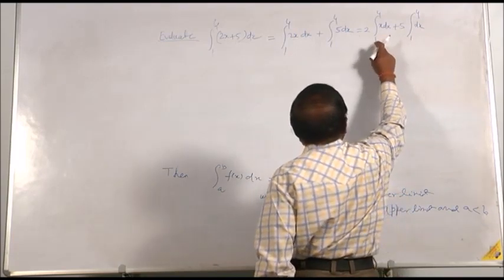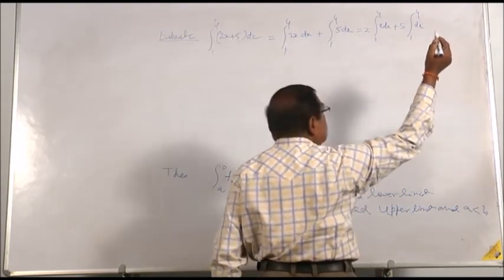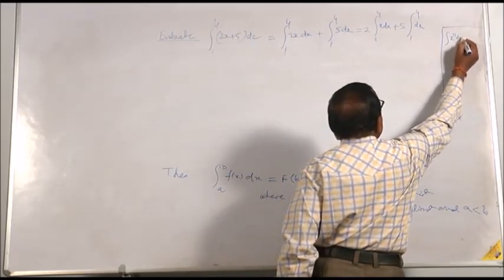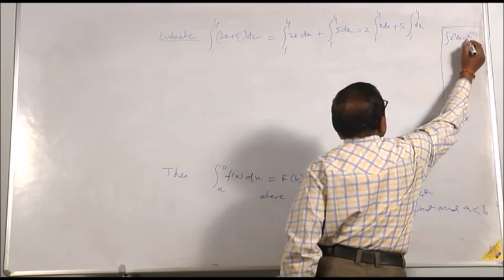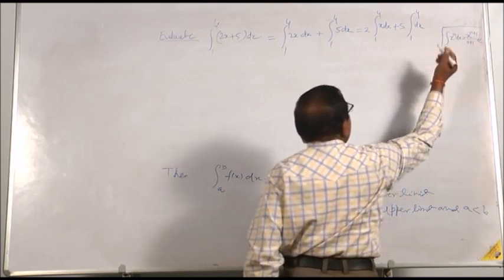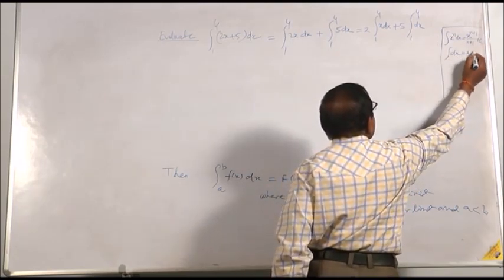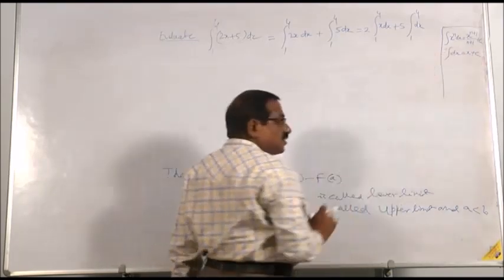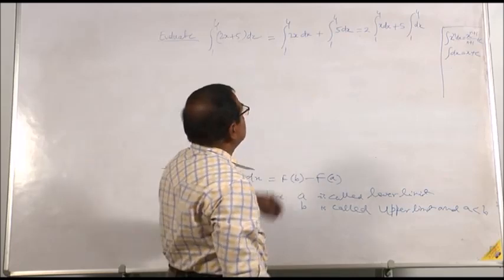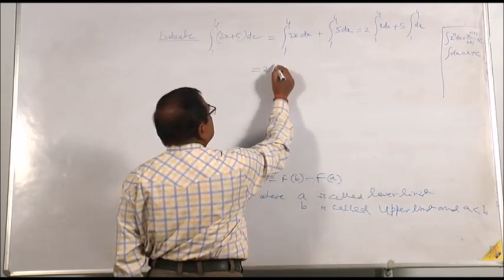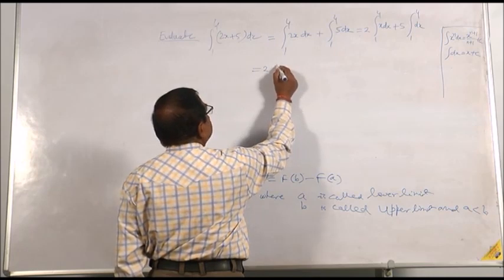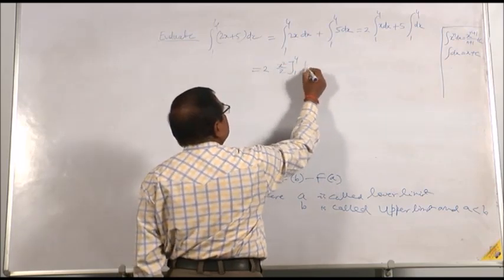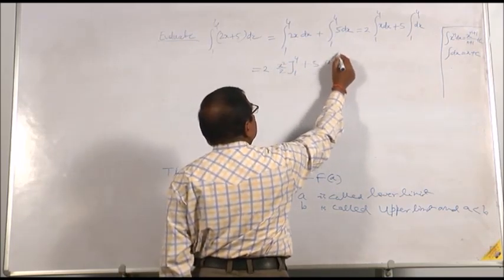Here the lower limit is 1, the upper limit is 4, and this formula is the most important one that we have to apply here. In an indefinite integral we add the constant of integration, but in a definite integral there is no need of adding it. This becomes x²/2 from 1 to 4, plus 5x from 1 to 4.